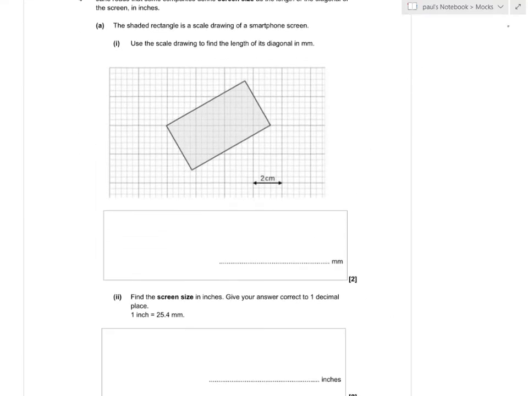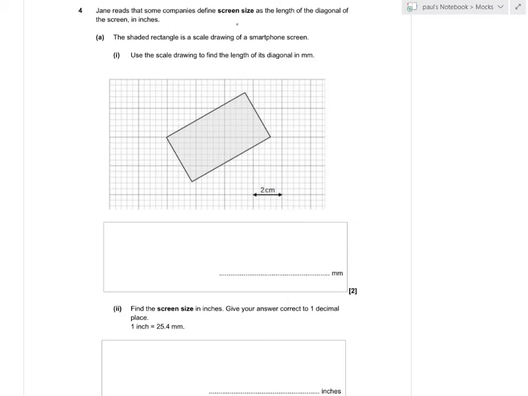Jane reads. What's going on there? Jane reads that screen size is defined as the length of the diagonal. The shaded rectangle is a scale drawing of a smartphone. So find the length in millimeters. So we've got 2 centimeters, 4 centimeters, 6 centimeters.